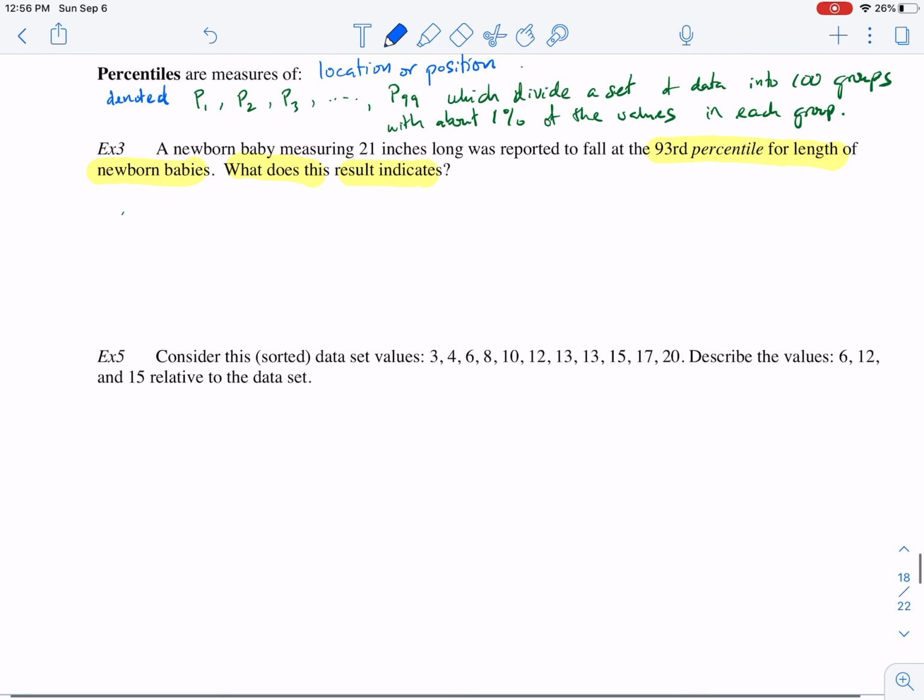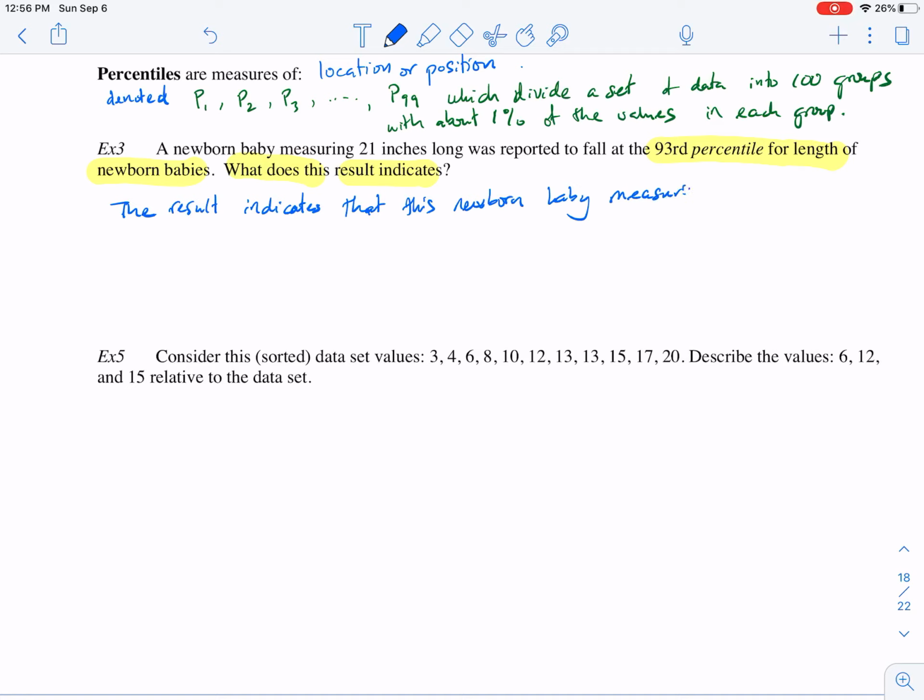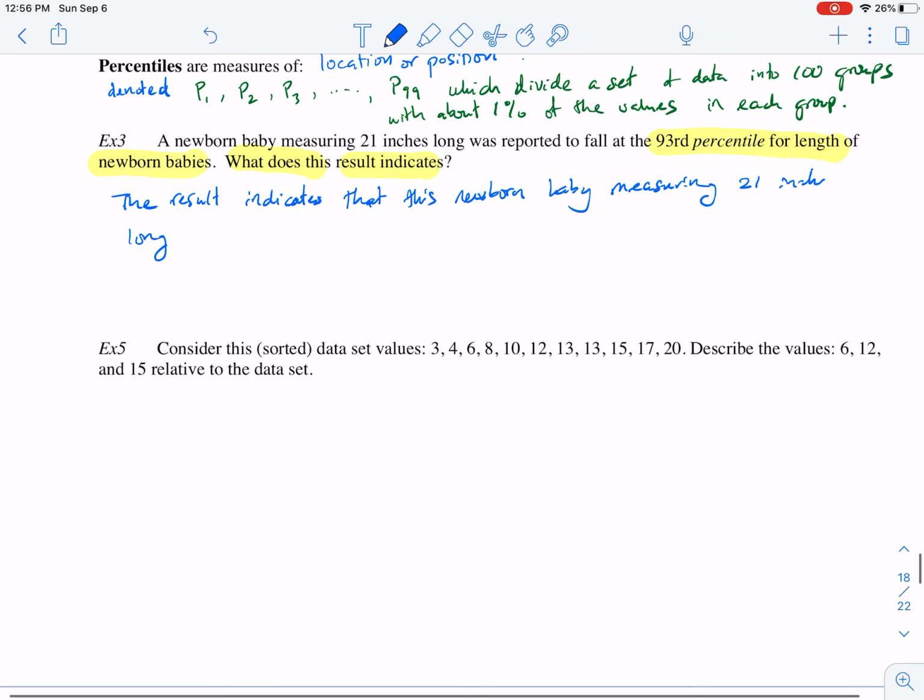So we can say that this result indicates that this newborn baby, measuring 21 inches long, is longer than 93% of all newborn babies. That's exactly what a 93rd percentile means.